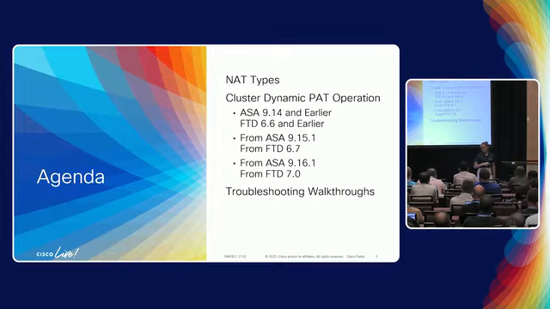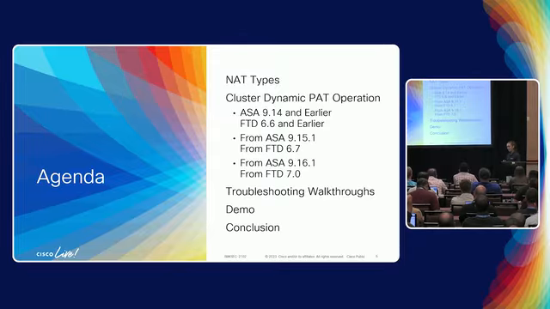Next, we will move to the troubleshooting walkthrough section, where we will cover the most common issues that we receive in TAC related to how dynamic PAT operates in clusters. The last part of this section, I have to admit, is my favorite part, because as an engineer, I always like to see in a lab how all that I learned in theory works.